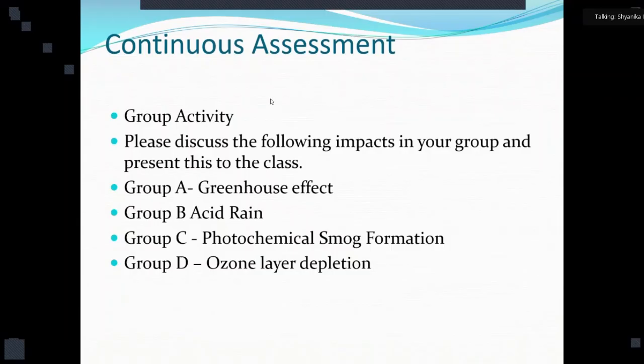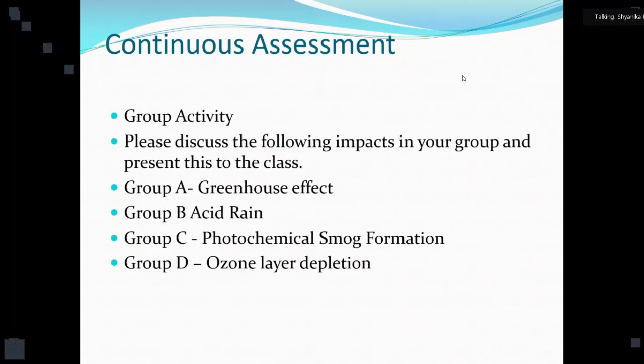Otherwise you are doing nothing here, right? So you have to do it and present it today. At the same time, I will give you maybe 30 minutes, which would be enough for this. Within the group, you want to discuss and prepare a kind of guideline, and you want to go through it.